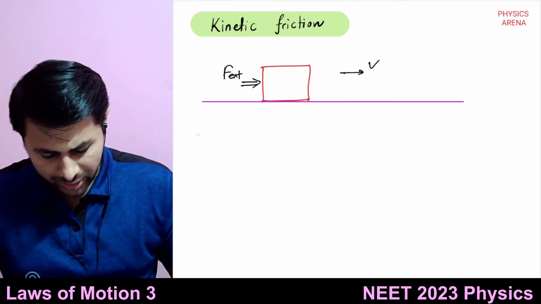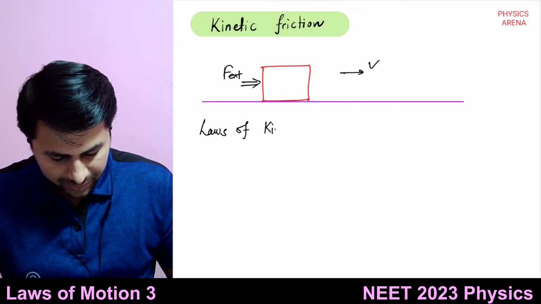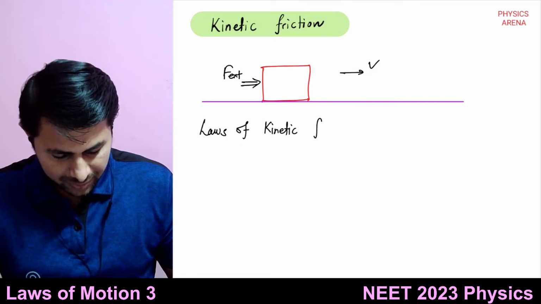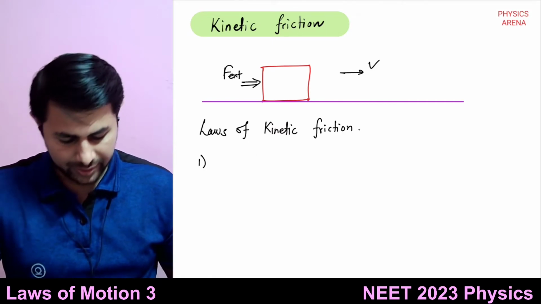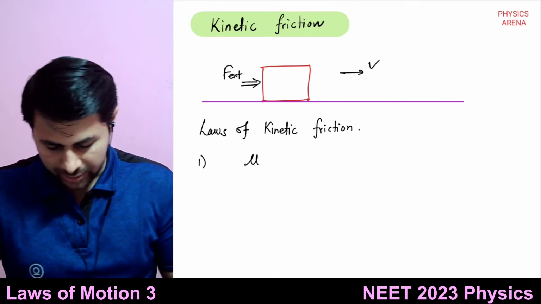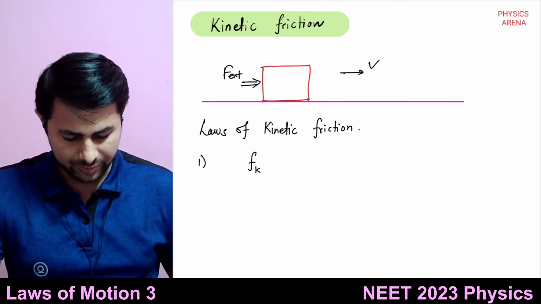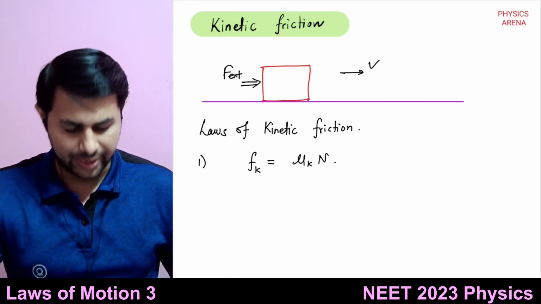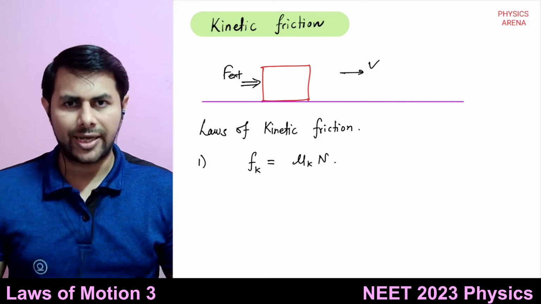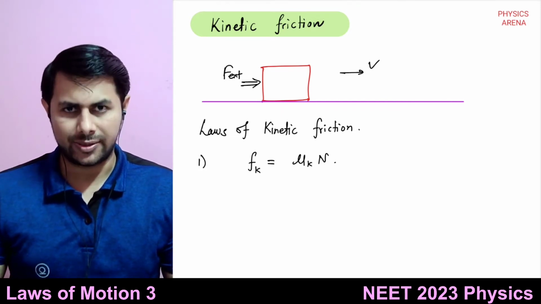So what were our laws? Laws of kinetic friction. The first one: the limiting value of the kinetic friction can be written as mu k multiplied by normal reaction. So it is also directly proportional to normal reaction, but now the coefficient of friction will be less.